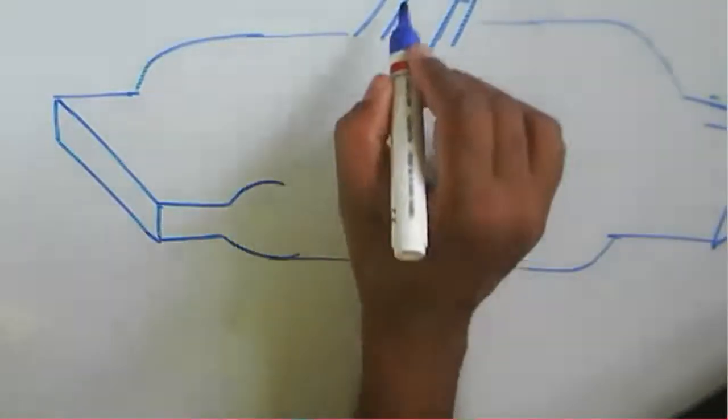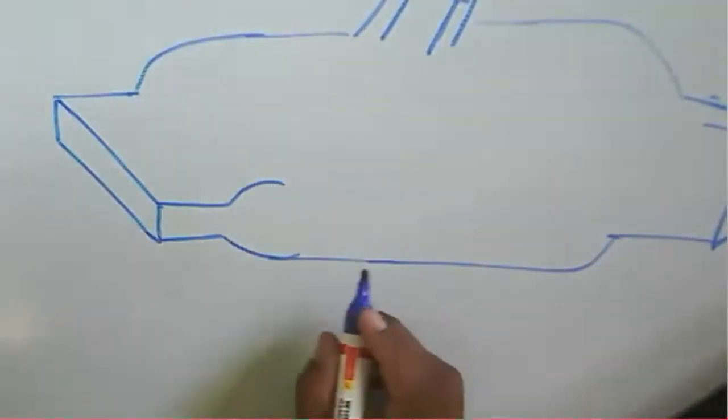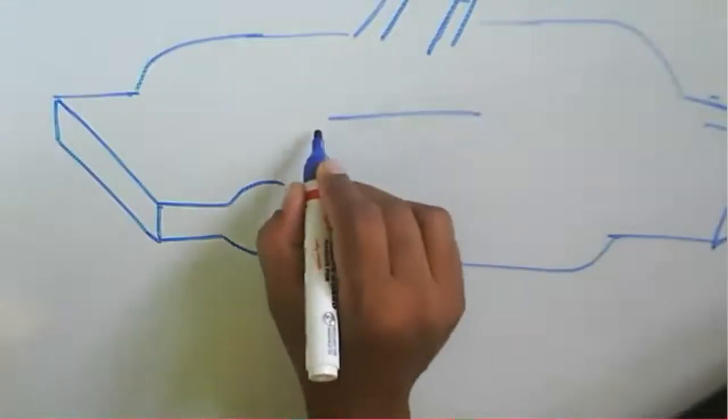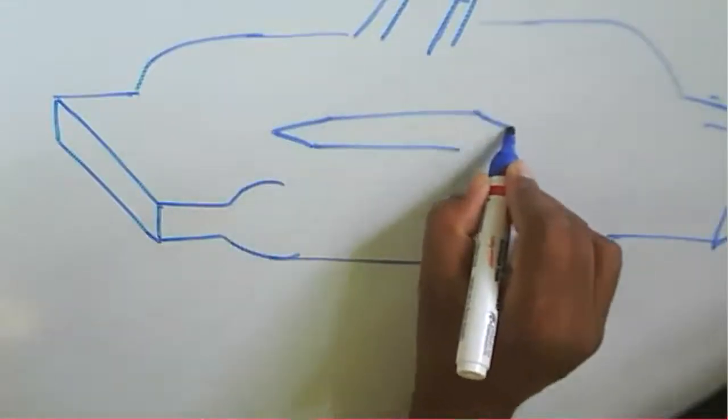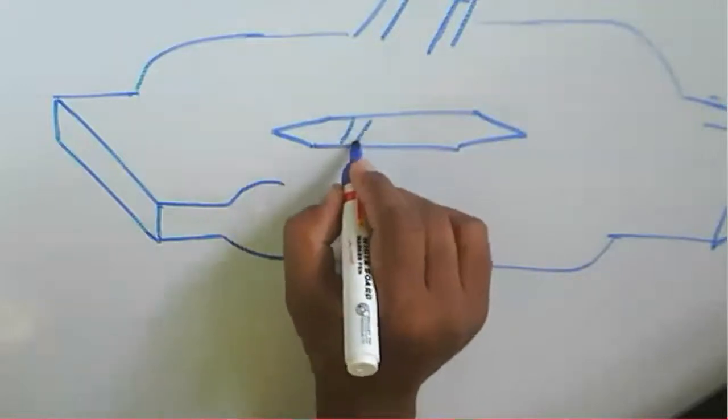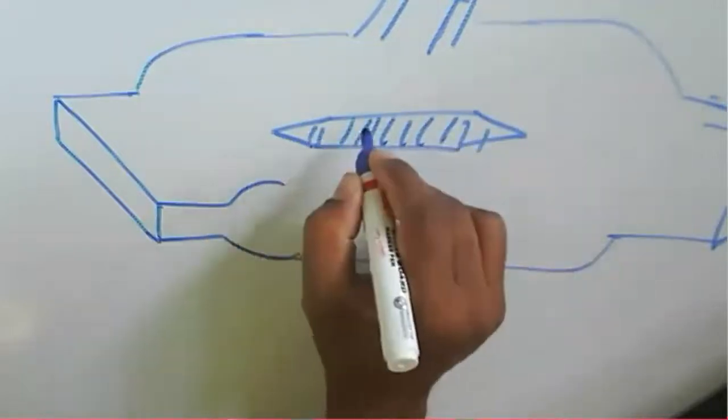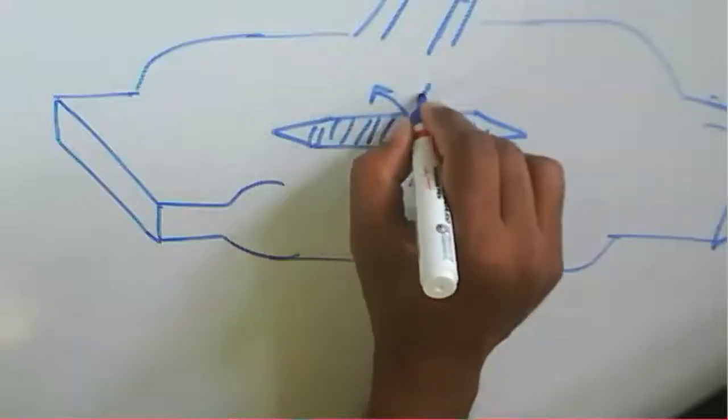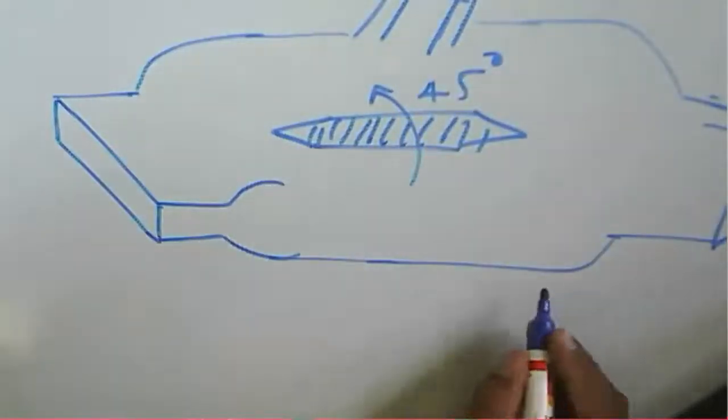We have the ferrite rod present, so it will twist the signal by 45 degrees.